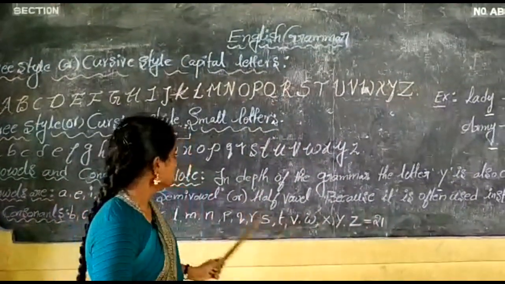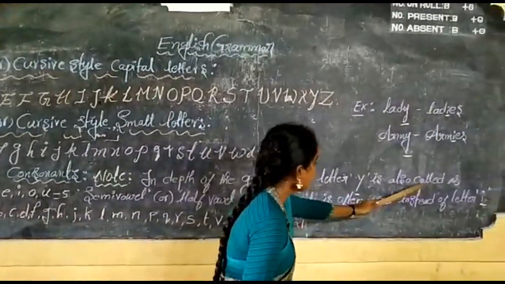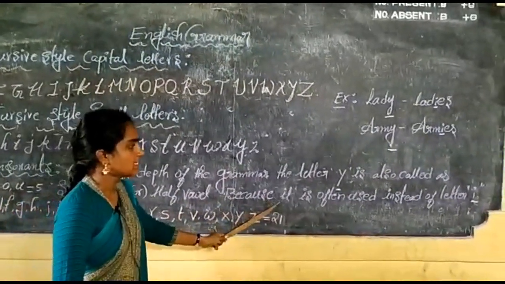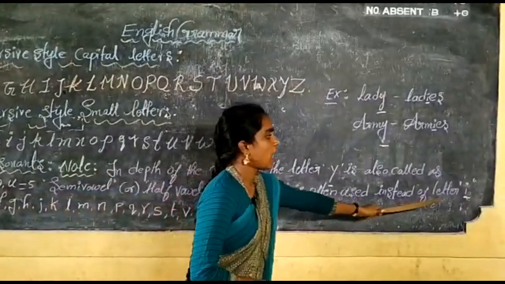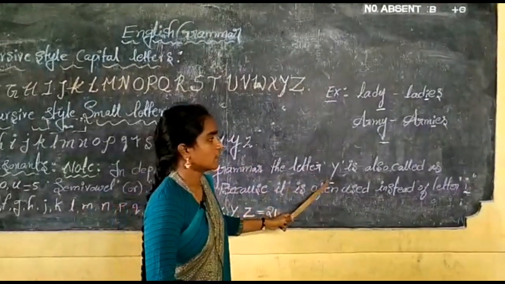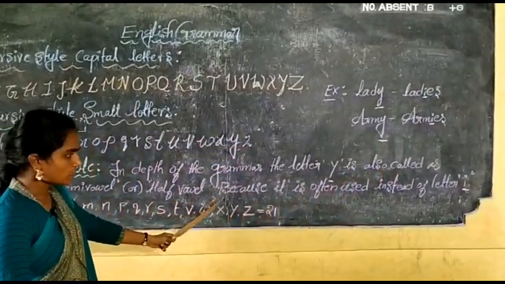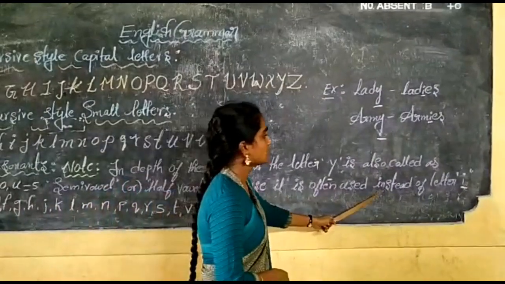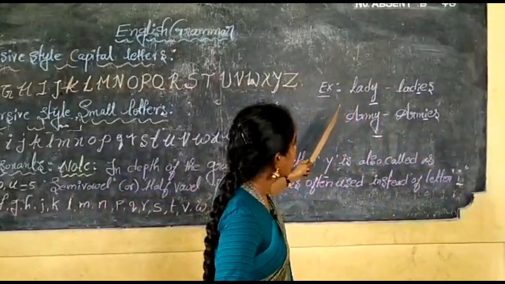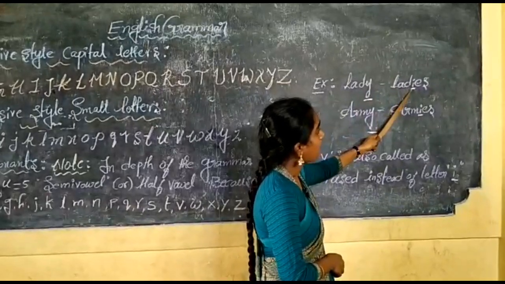In the depth of the grammar, the letter Y is also called a semi-vowel or half-vowel because it is often used instead of the letter I. For example, lady, L-A-D-Y, but ladies, L-A-D-I-E-S.